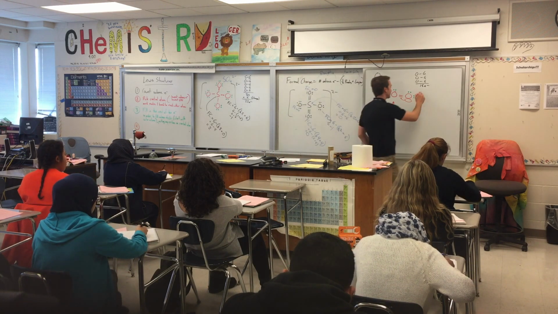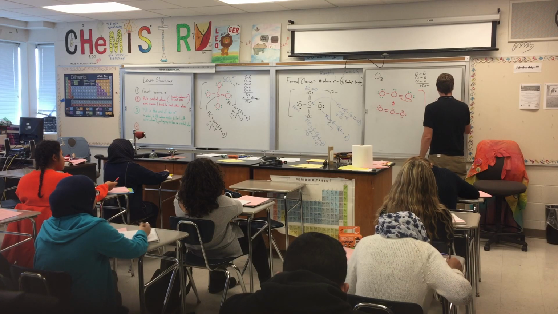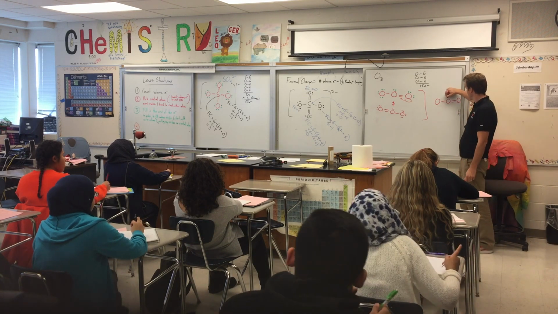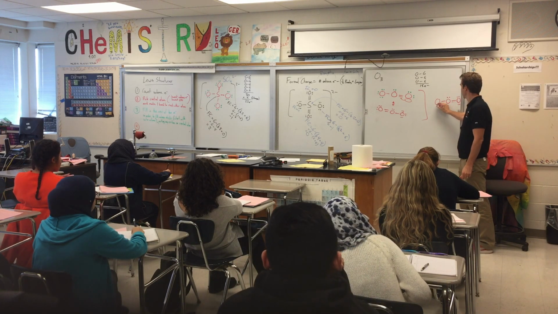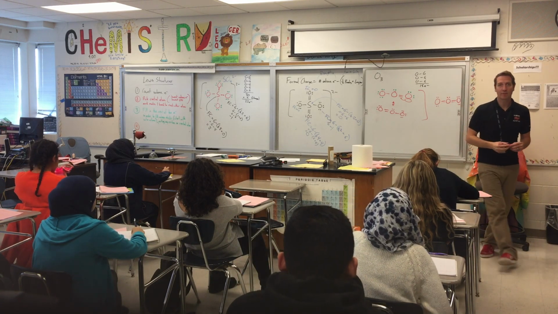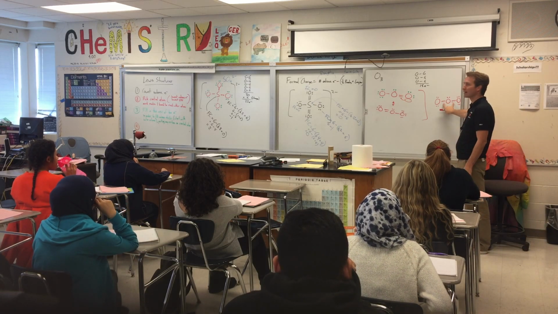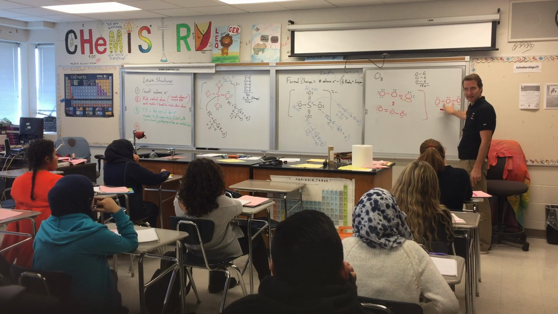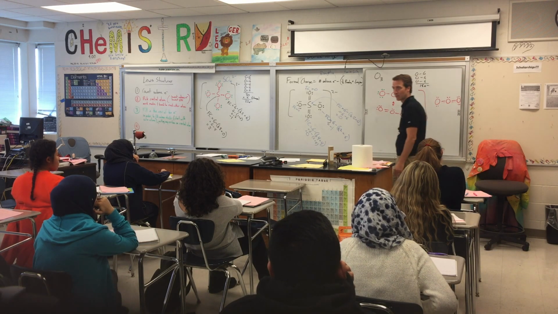In fact, sometimes you'll see them draw this, like that, where instead of drawing a full double bond in between, they draw a little dash bond to show you that there's a little bit extra bond going on here. But it's not really a double bond in each case. It's something a little bit stronger than a single bond, but not quite as strong as a double bond.